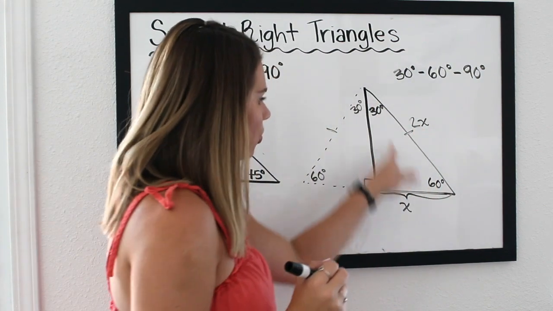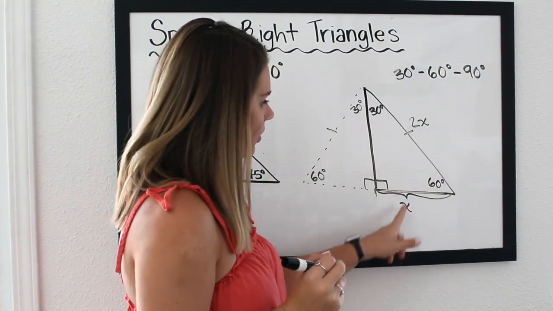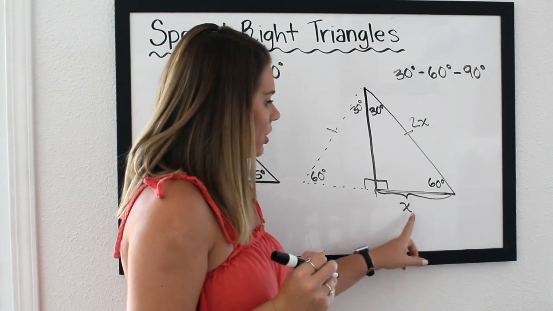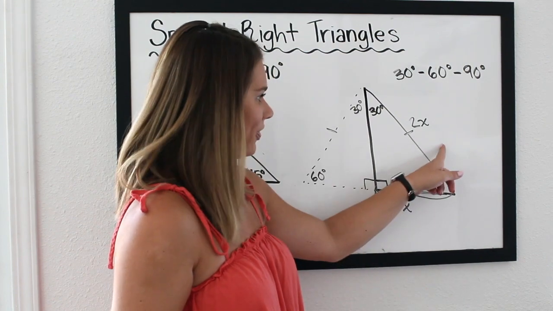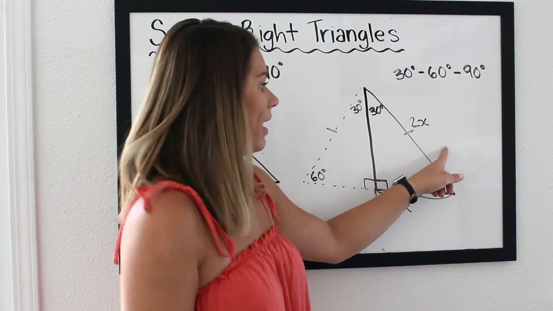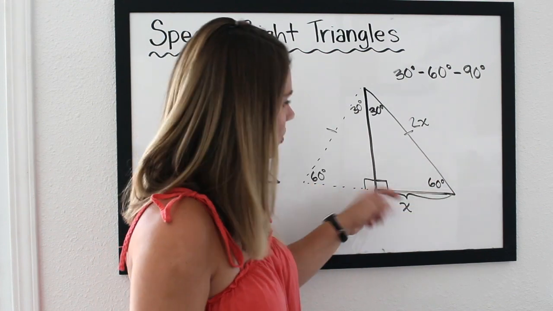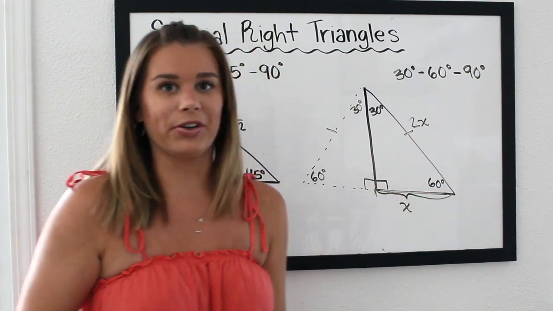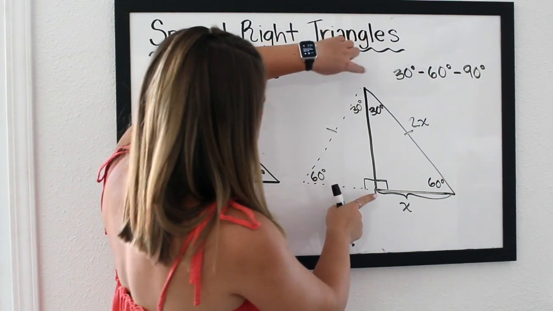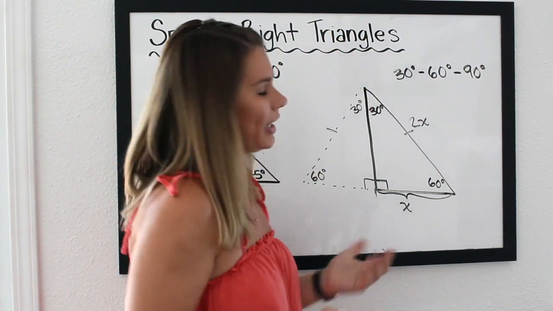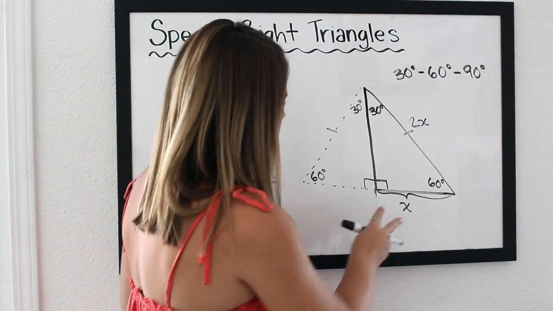So you take the shortest side, the side opposite of 30, if you have that length, you just multiply it by 2 to get the hypotenuse, or if you have the hypotenuse, you divide it by 2 to get the leg opposite of 30 degrees. Now we just need to get our last length right here, which we could actually use Pythagorean Theorem for.